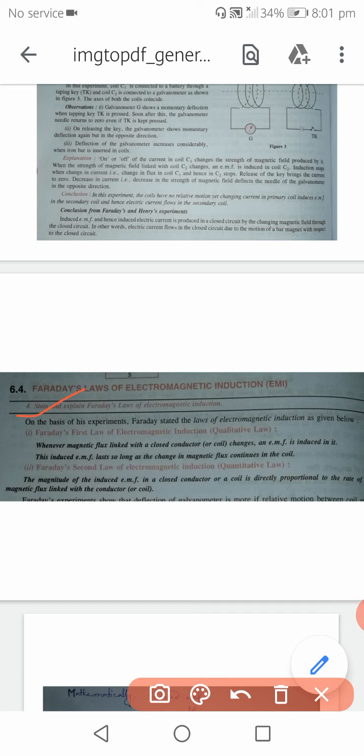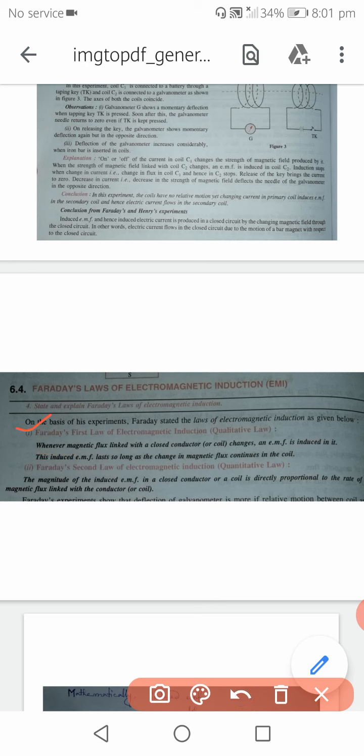On the basis of his experiment, Faraday stated the laws of electromagnetic induction. The first one is called Faraday's law of electromagnetic induction. It is a qualitative law, meaning no mathematical formula is related to it. Whenever magnetic flux linked with a closed conductor changes, an EMF is induced in it.